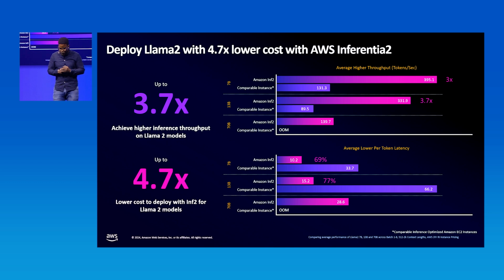And like we saw for the Llama 2 70B, we also achieve a reasonable latency of 28.6 milliseconds, whereas we get an out-of-memory error on the comparable EC2 instances. The improvements in cost, throughput, and latency make these accelerators a compelling choice for deploying your models of different sizes to optimize your AI workloads.